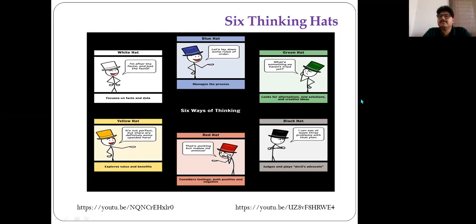The first and foremost process I would like to explain is the six thinking hats, where six colored hats are utilized, making every individual think in a certain way whenever we ask them to wear a certain colored hat.